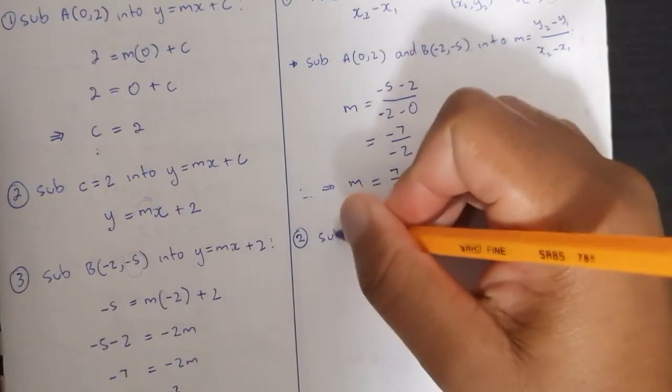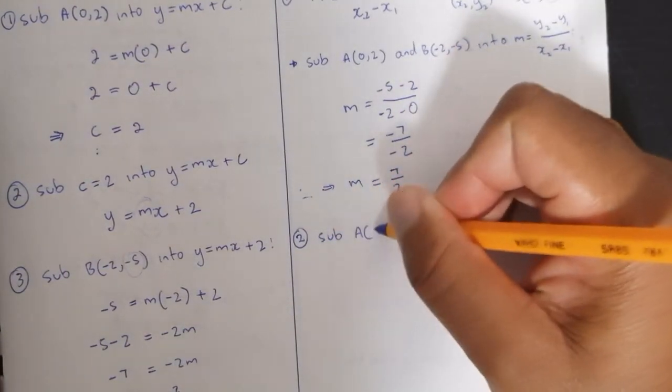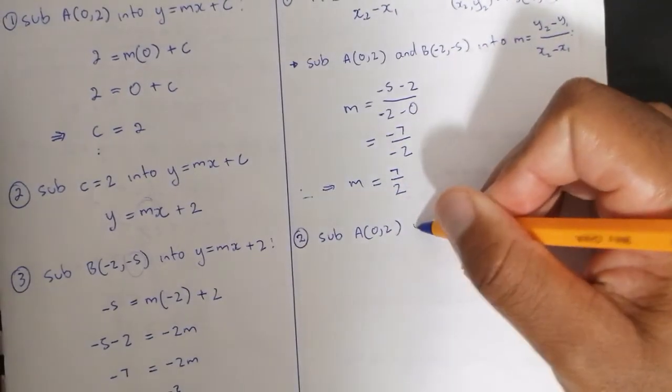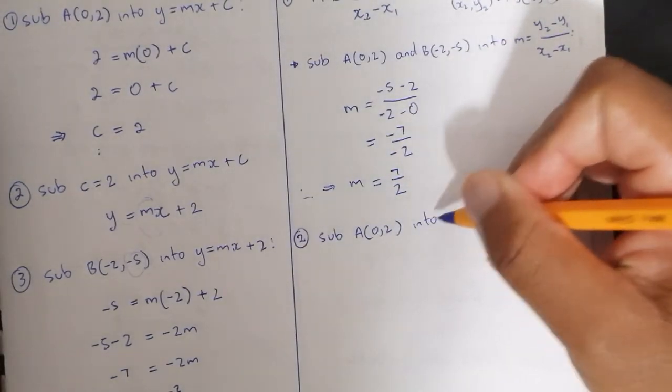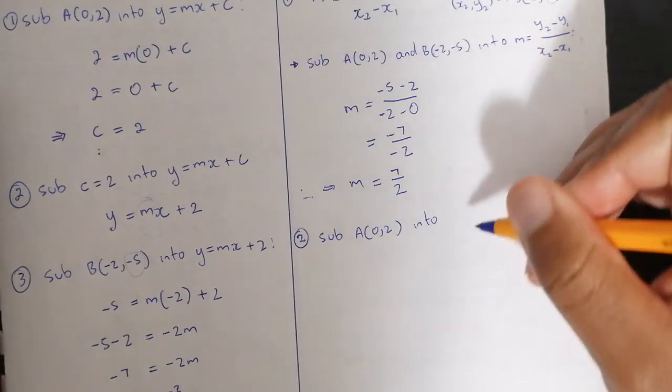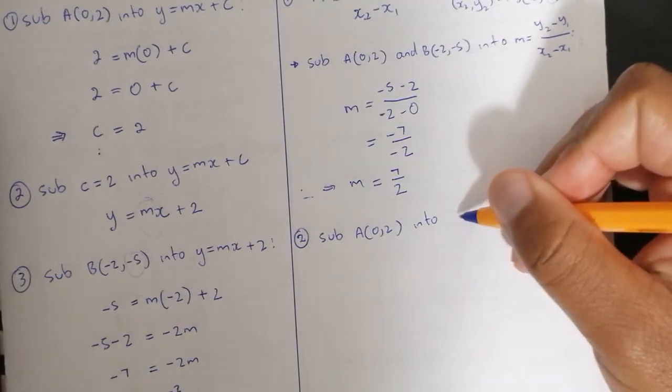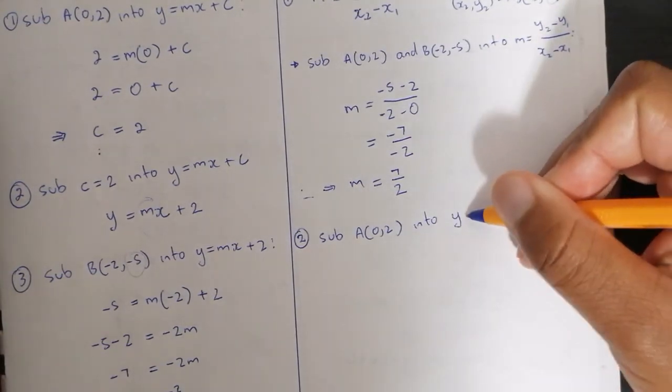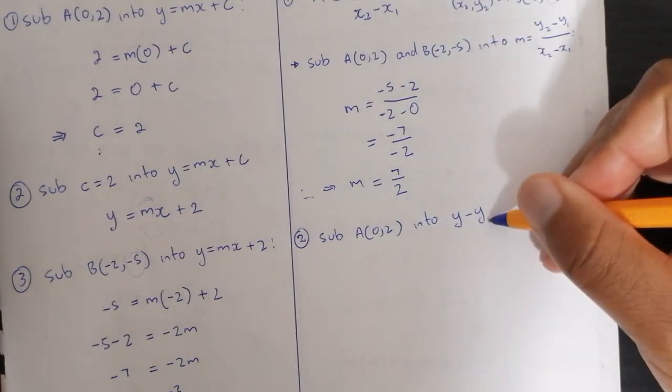So I'll just sub A, 0, 2 into y minus y.